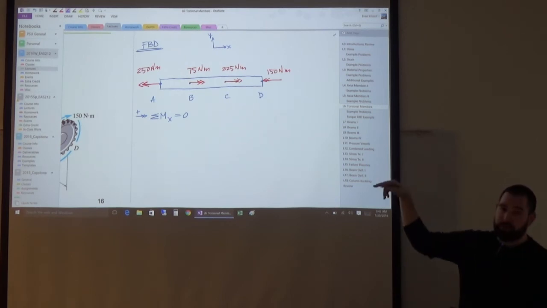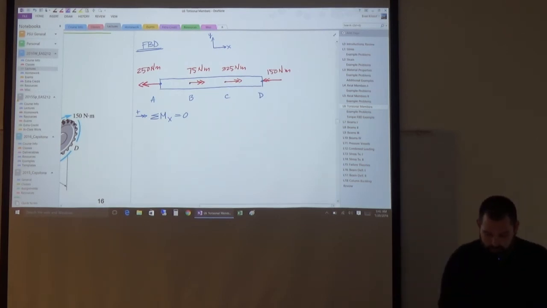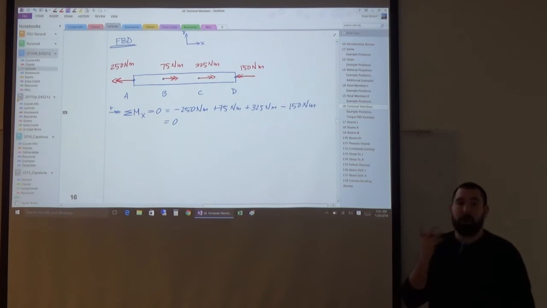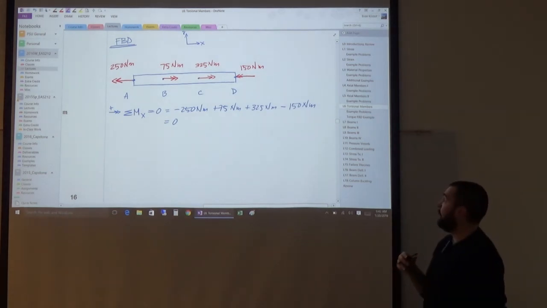Any moment vectors pointing to the left are going to be minus. And so I get minus 250 Newton meters plus 75 Newton meters plus 325 Newton meters minus 150 Newton meters. That does equal 0. All right, 400 minus 400, basically.